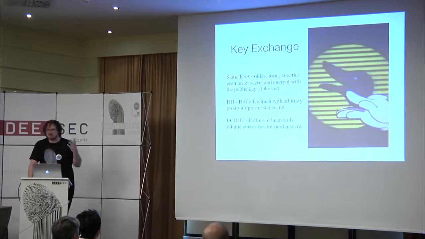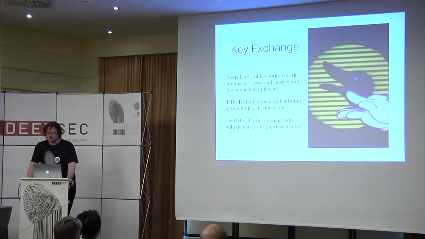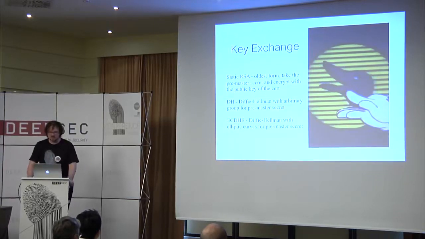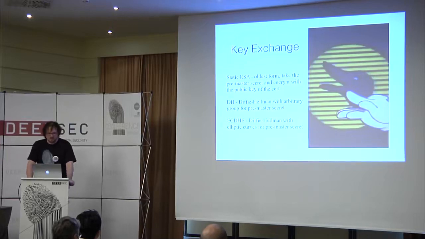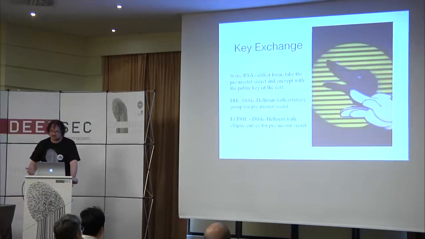The client generates this, encrypts it with the server's public key, and sends it to the server. And this pre-master secret is used in combination with a server random and a client random to generate a master secret, and that's used to derive session keys. This derivation, to go from pre-master secret to master secret to session key, is the same.